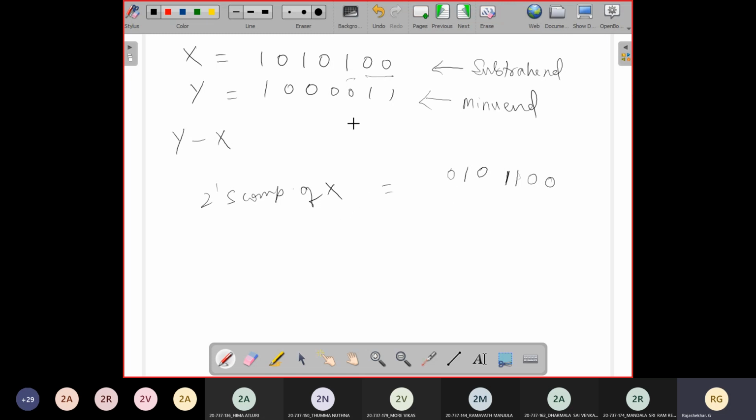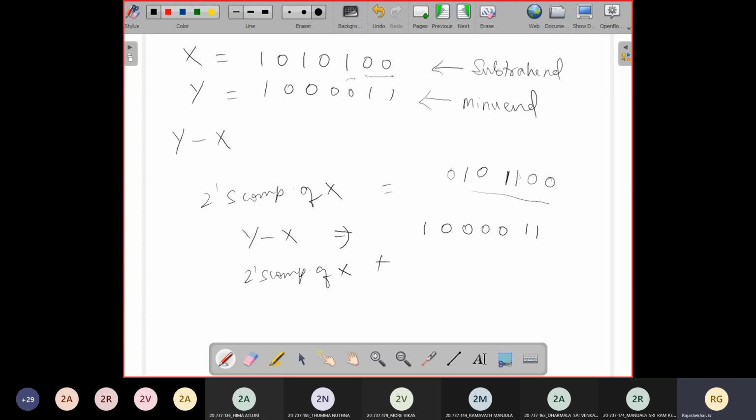So this is the 2's complement of the given x. Now let us perform this operation y minus x. So how do you do? Y minus x, I first take the value of y, 1 followed by 4 zeros, followed by 2 ones. To this you add what? You are adding 2's complement of x.